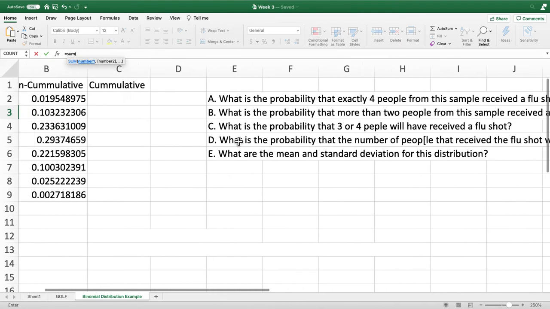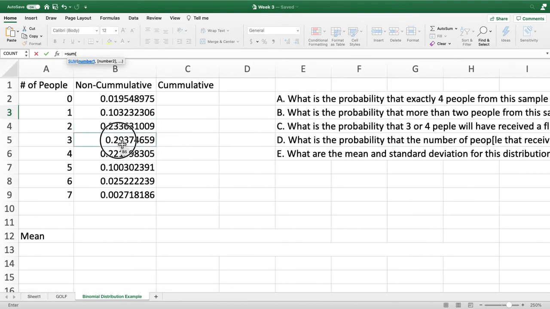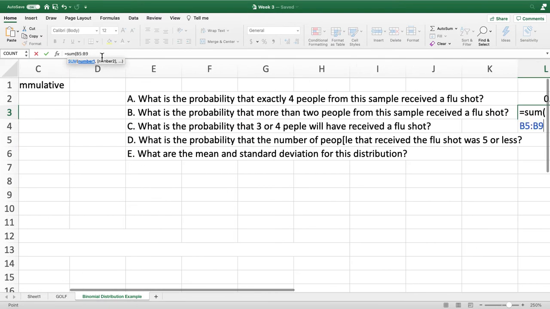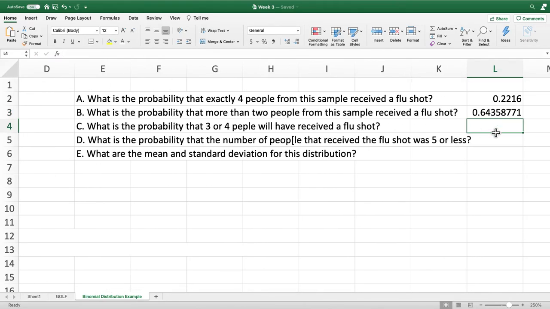So we want to know more than 2 people, B5 through B9. Close up those parentheses. And there's about a 64.4% chance that more than 2 people will have received the flu shot from this sample.